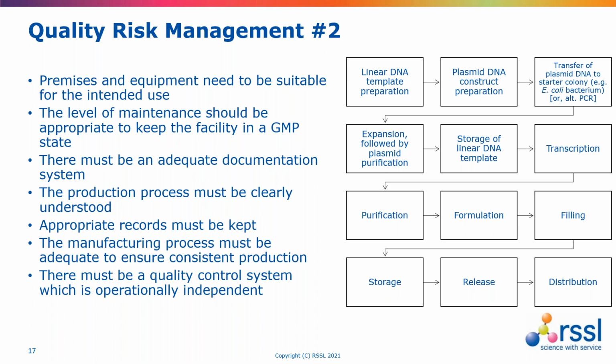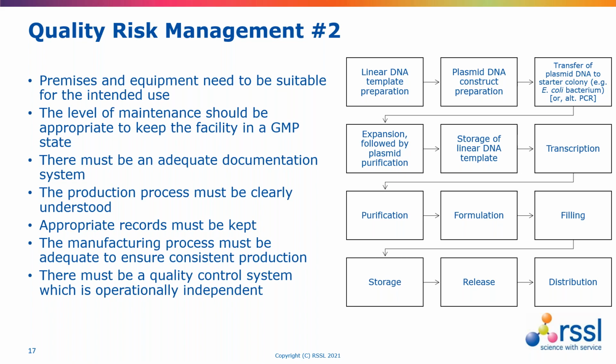So it's important that the production processes are clearly understood, that we have appropriate records in place, that we have a documented process flow. So for example, on the slide there is a generic gene therapy process flow chart.